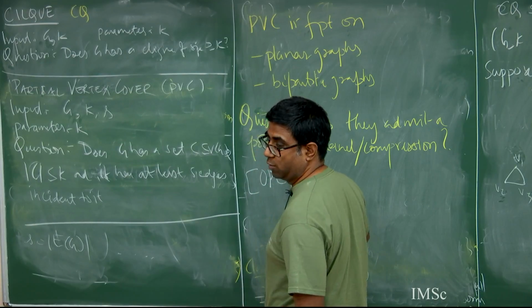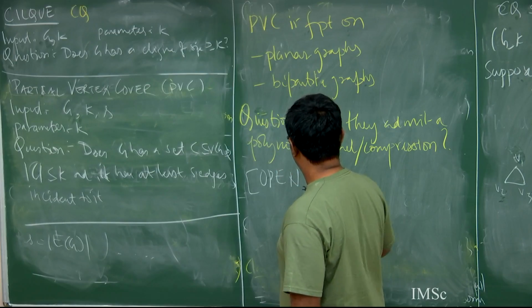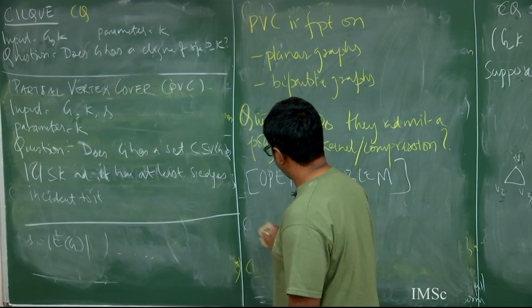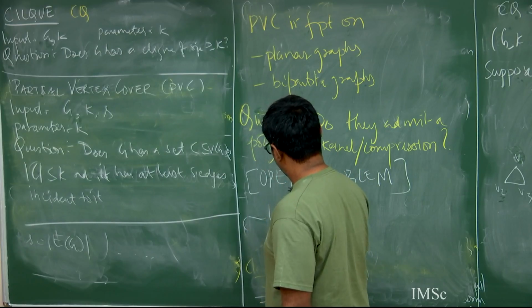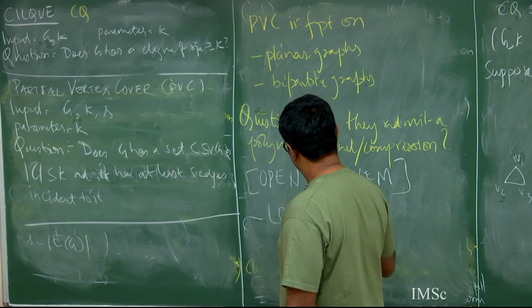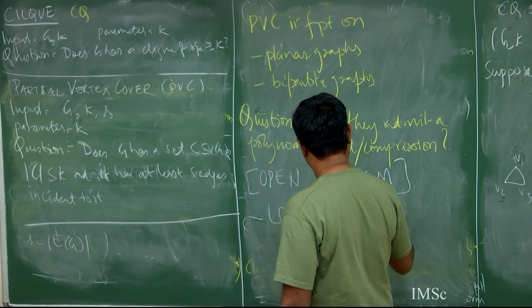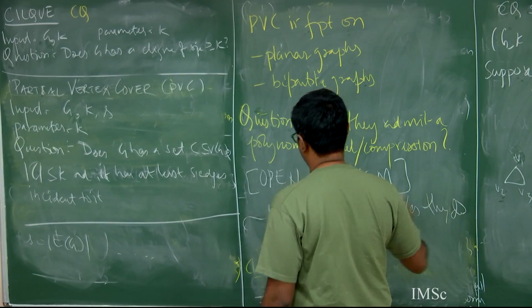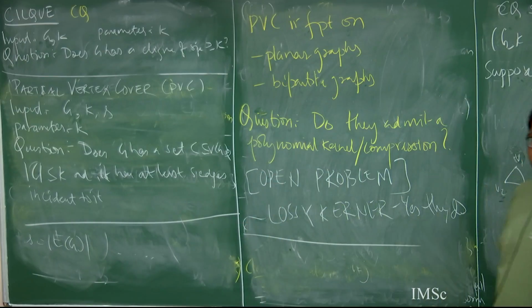It's not a homework problem, please. And if you ask for a lossy kernel, yes, they do. So someone needs a research problem: we will show W[1]-hardness, and here's a research problem. I don't think it's too hard or too easy, this I don't know, but here's a problem.